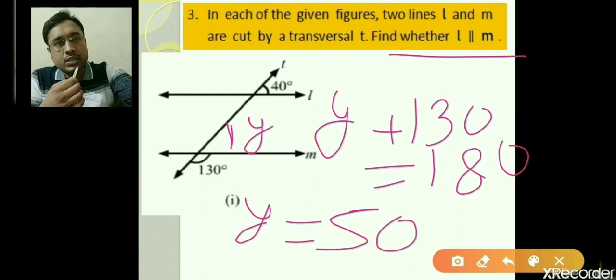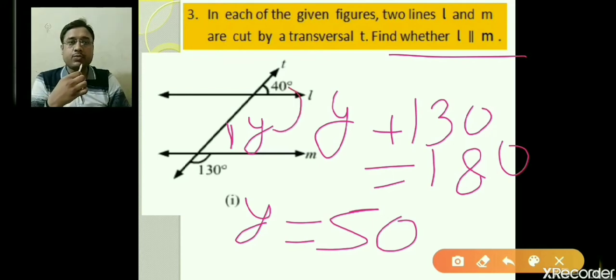But you see the corresponding pair, 40 degrees and this Y degree are a corresponding pair of angles, but their values are not the same. So by the converse of that theorem, which theorem? The theorem in which a transversal intersects two parallel lines, or when it intersects two lines.